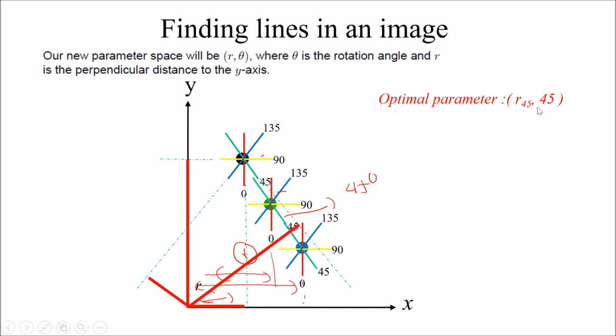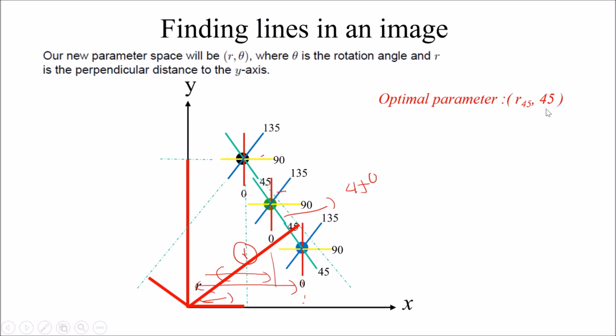So in this case, let's say we pick the optimal consistent value of r based on 45 degrees, so we just need to pick the r45 value, which is the length from the origin to the perpendicular of the 45-degree angle. So we have the r and then we pick the angle.